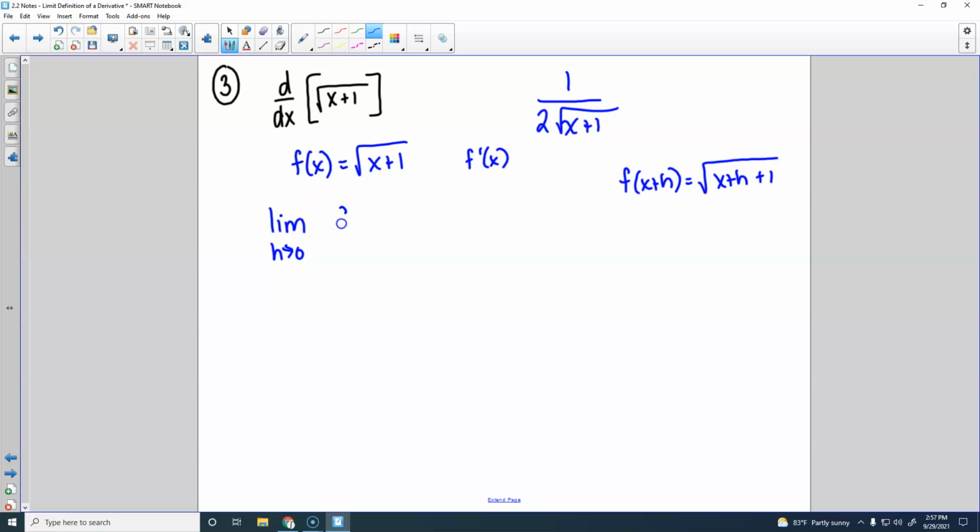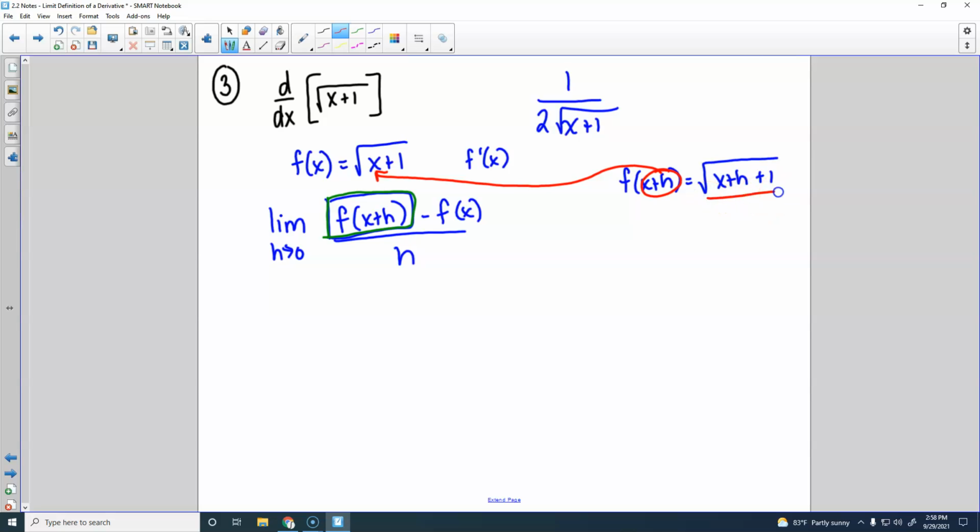So on my formula, we have f of x plus h minus f of x over h. For this part right here, let's do that in green. We're just taking x plus h and plugging it in for the x, just like we did on the other problem, which gives us this. So we're going to have limit as h approaches 0 of square root of x plus h plus 1.